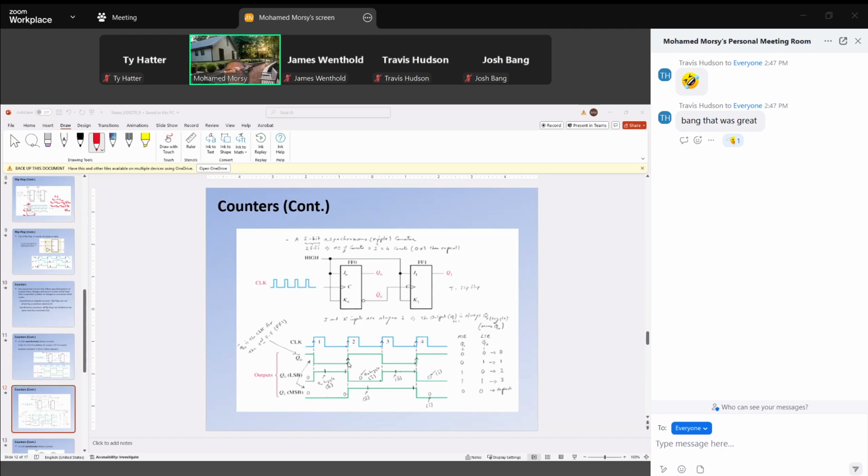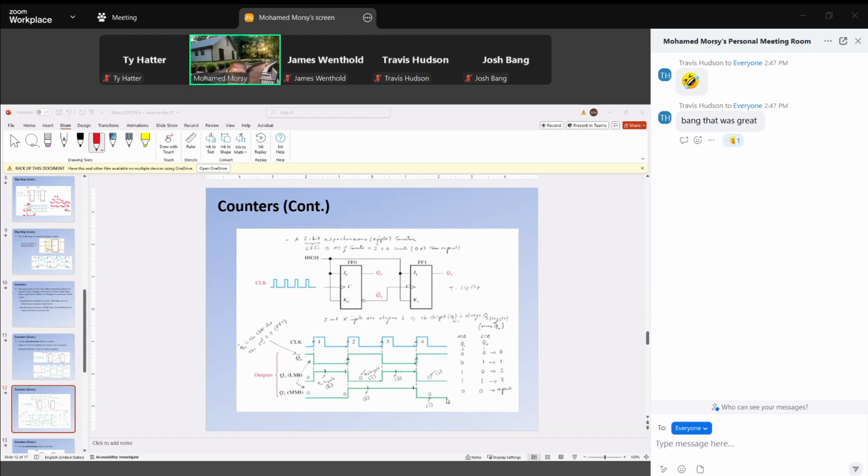So the first change happens at this edge. Initially, Q1 is 0, as we mentioned. So this 0 continues with no change until we reach the first edge. At the first edge, the new output will toggle. So we have 0 here, we will have 1 here. And this one continues until we reach the next edge.